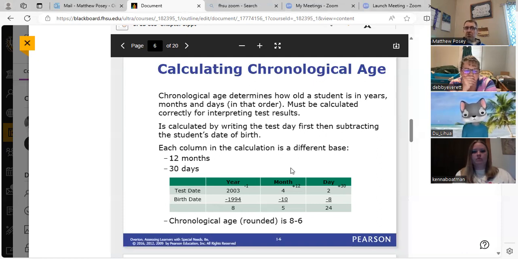But when you go through the programs to acquire the certification and credentialing, whether it's a psychometry program or school psychologist, as you're learning to do these assessments, a lot of times they will make you do a lot of the calculations by hand, just like this, doing the chronological ages. Then when you're going through and doing the norming and scoring, it's to make sure that you have a true understanding of that process.